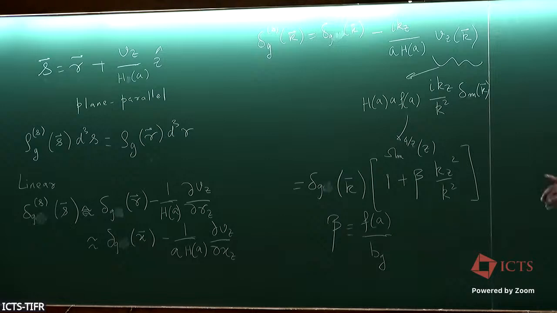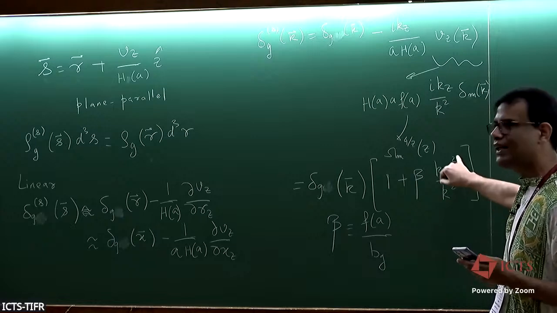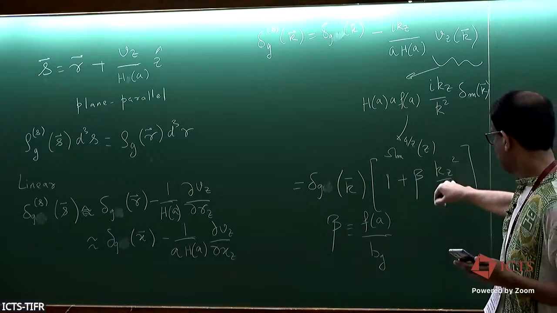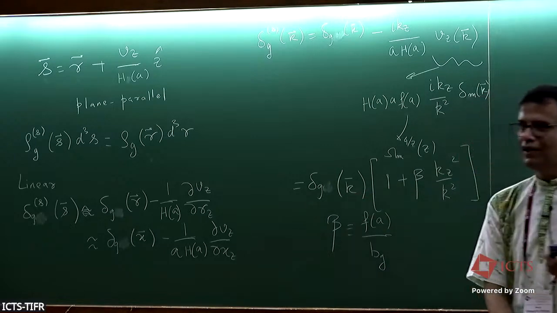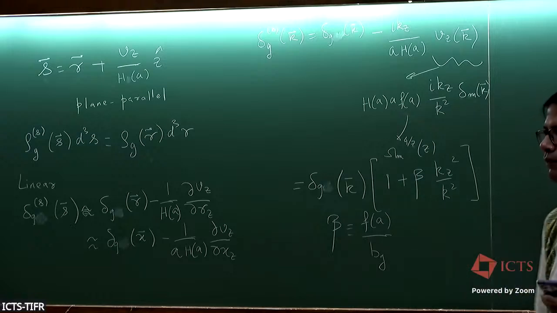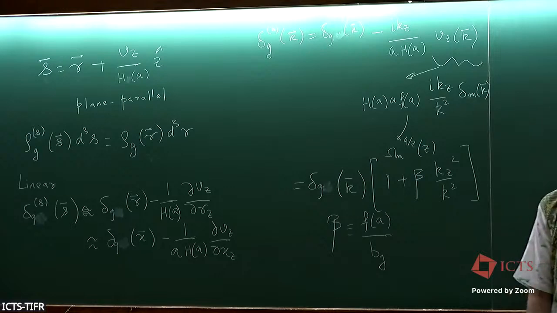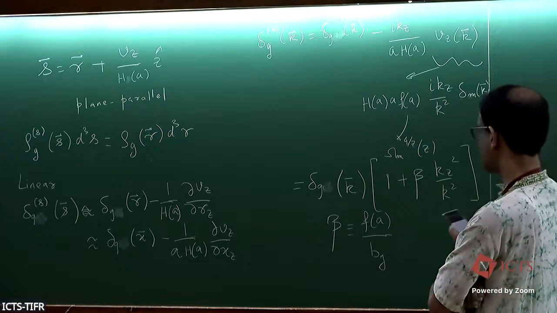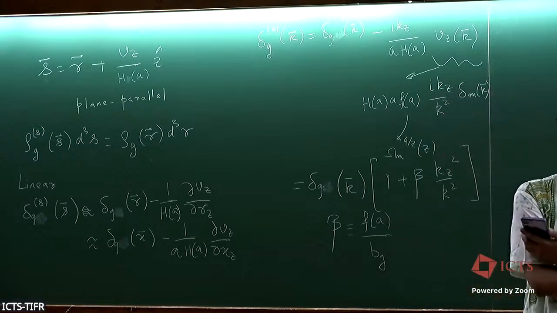And kx and ky are not playing any role, but what value of kz you choose will affect your observed delta galaxy. Suppose you take the same k, where k square is kx square plus ky square plus kz square.